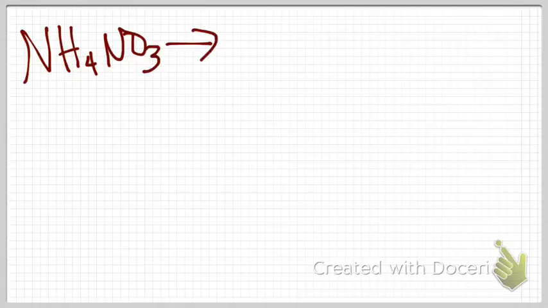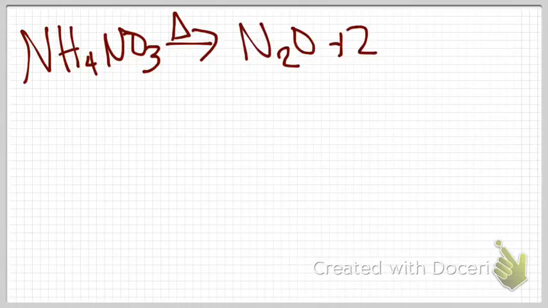When it's heated, this triangle symbol above your yield sign means it's heated. And it asks us to calculate the mass of ammonium nitrate that must be heated in order to produce.